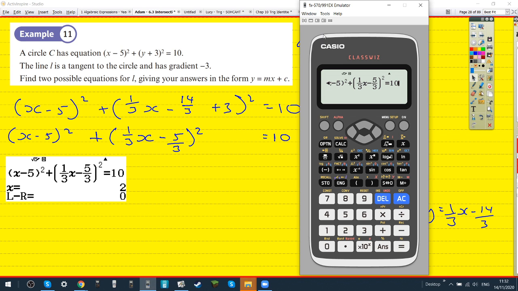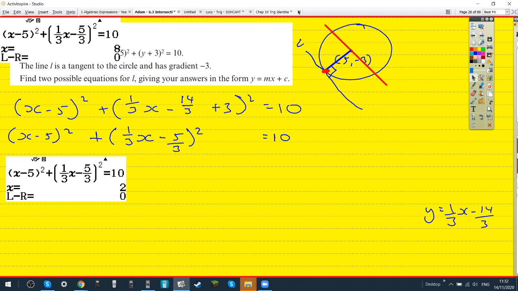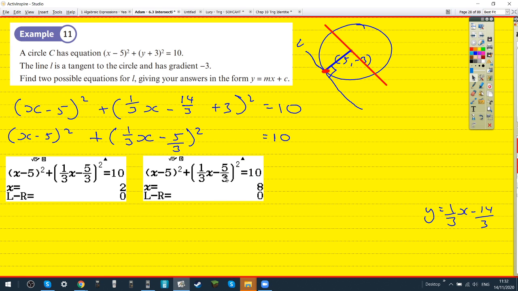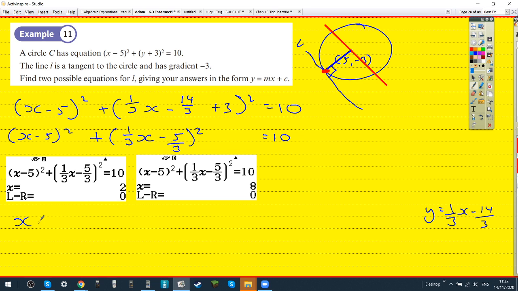And so, what is it that we just found? The 2 points. Yeah, those two answers, 2 and 8. What do those represent? The coordinates. Basically, we're not finished. So x equals 2, x equals 8.